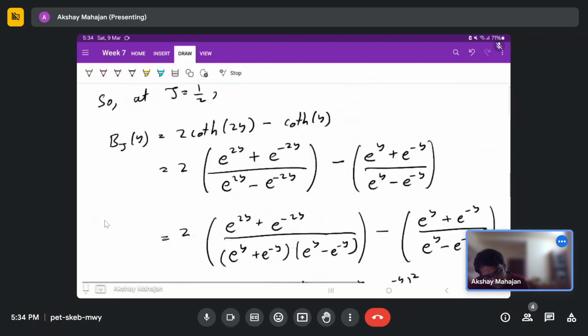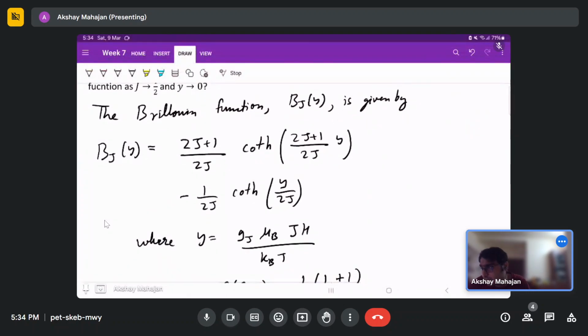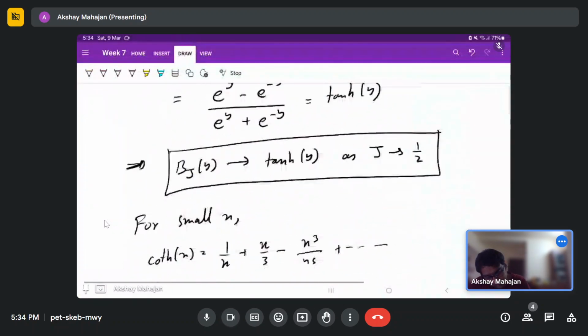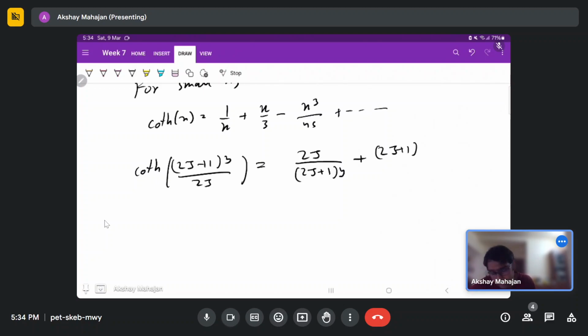So coth of (2j+1)y upon 2j will be equal to 2j upon (2j+1)y, plus (2j+1)y upon 2j times 3.